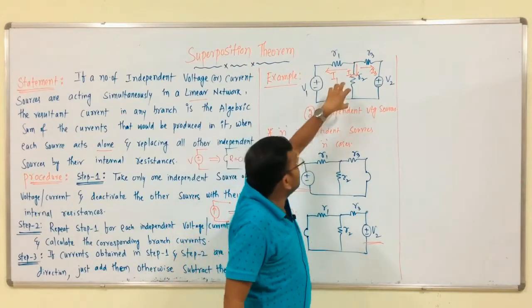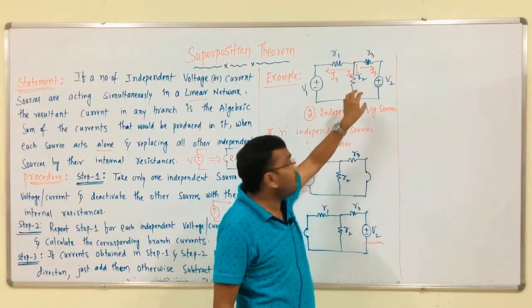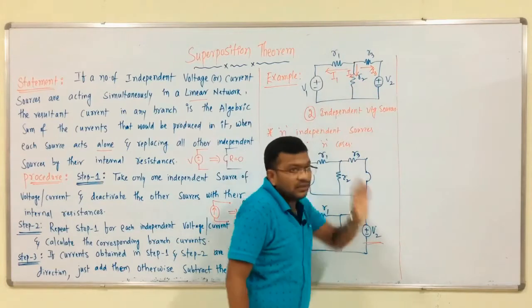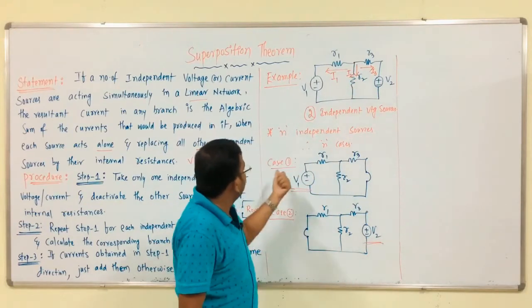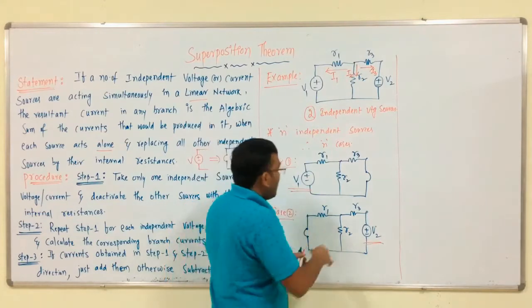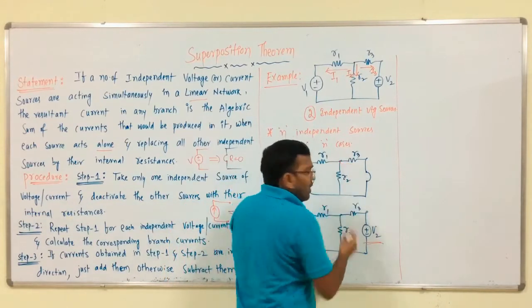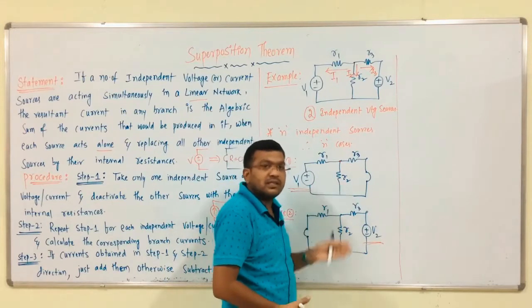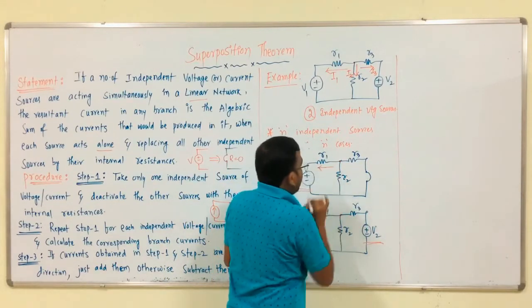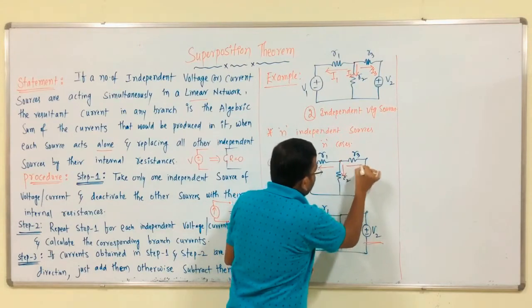This is the given circuit. First, we have to assume our current directions in that, that is I1, I2, I3. So, like this, we are going to get case 1, case 2. From this, again we are assuming our own current directions in these circuits also. I1 like this.